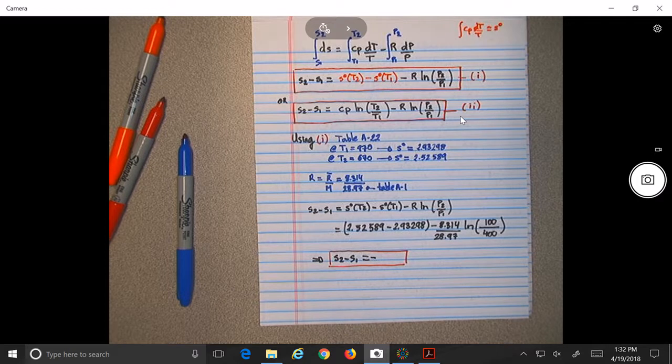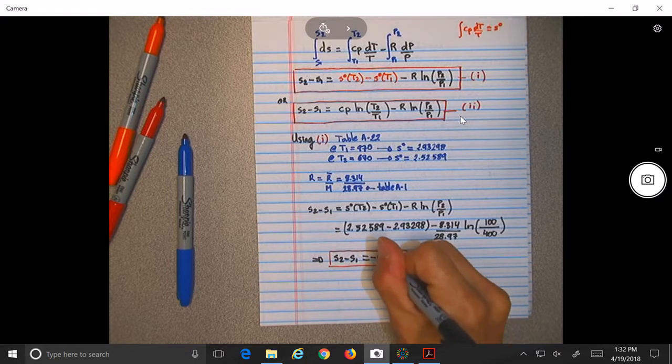Should be a small value. You cannot get a positive. No way. And anything should be small because this is going to be small and this is going to be small. So what do you get? Negative 0.00916.